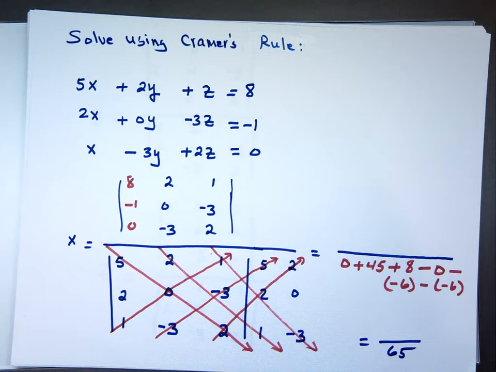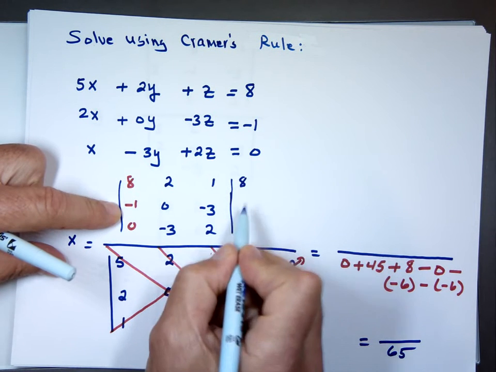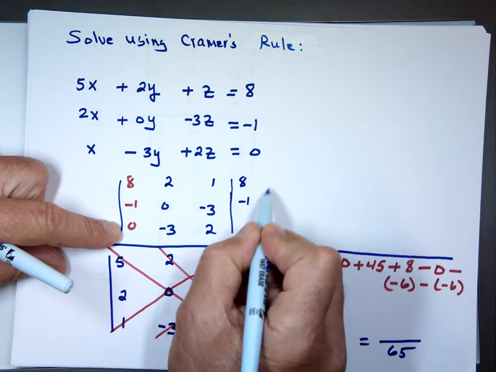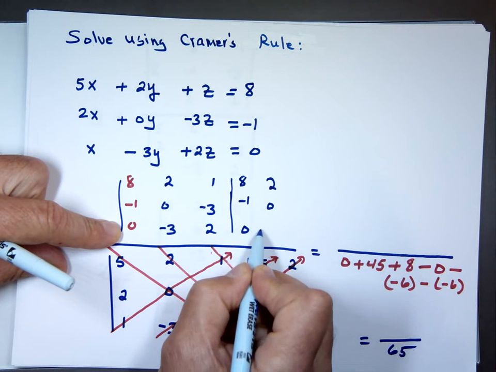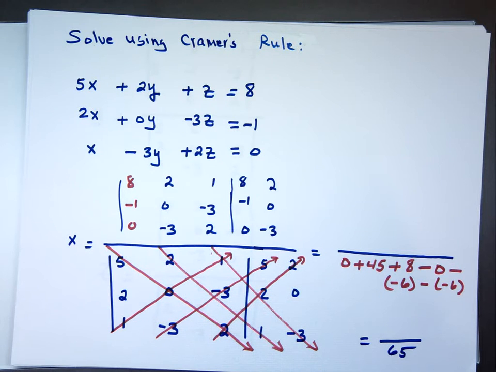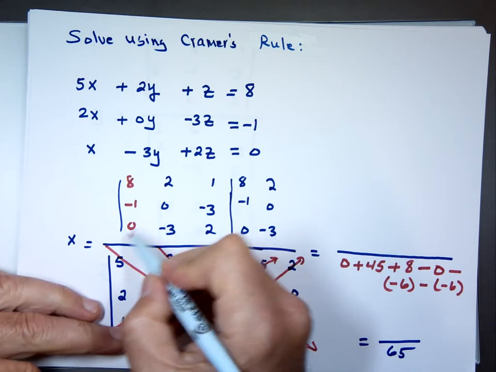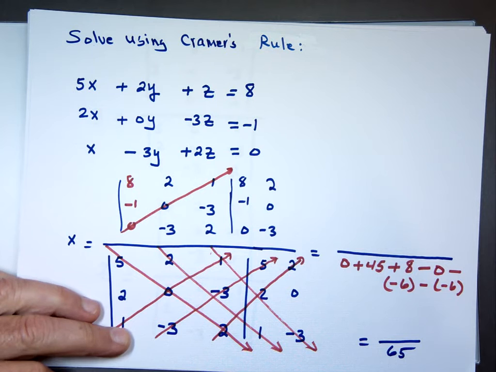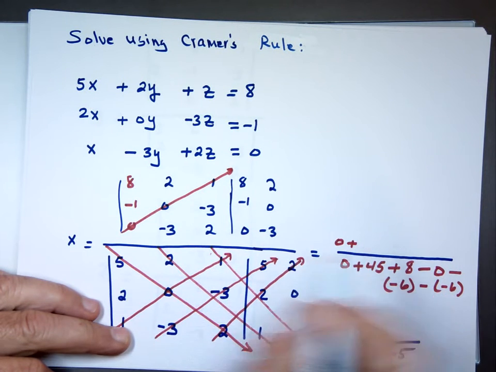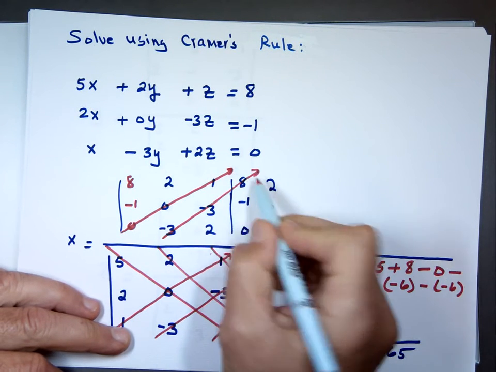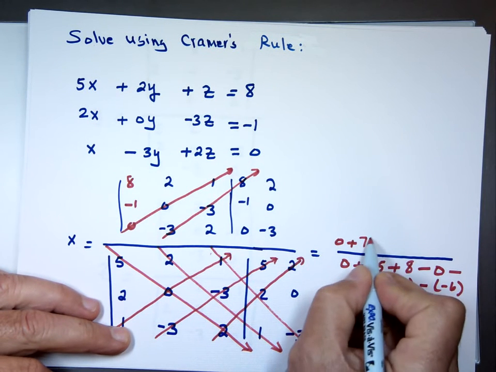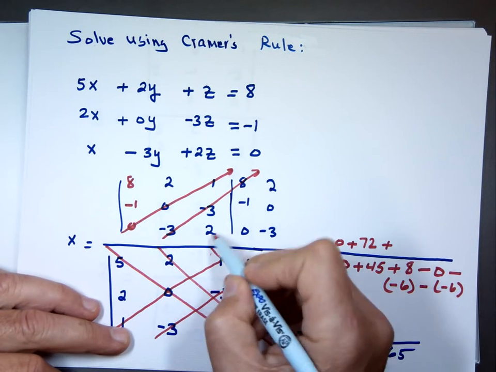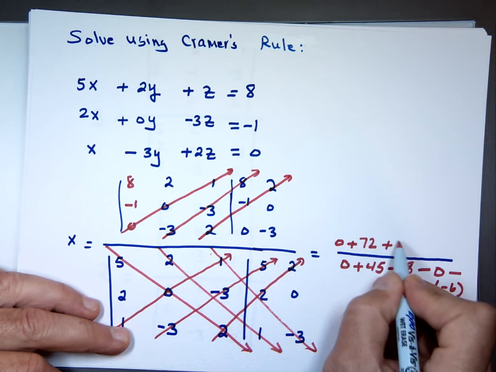Let's see what the top is. Again, replace the first column. And let's multiply. Going up is first. What's that? 0 plus 9 times 8, that's a 72. Plus -2 times 2, which is what? -4.